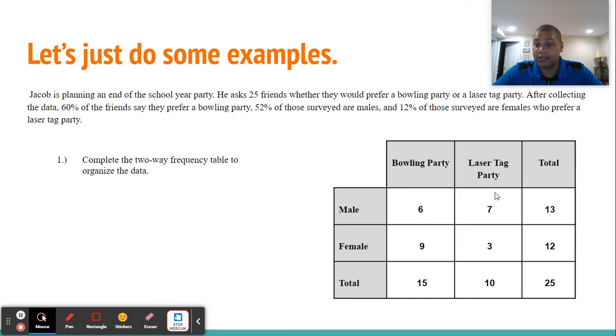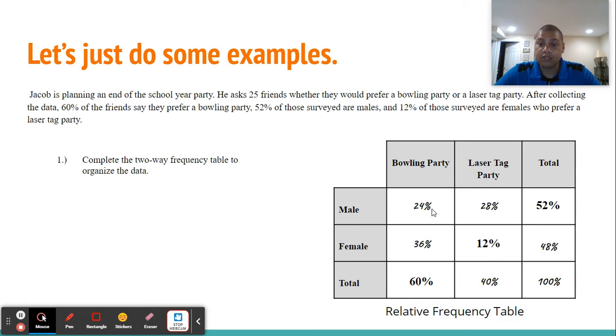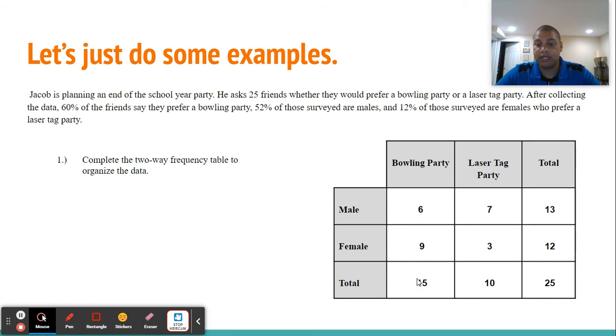And all these will work out as nice whole numbers. That's done by design. There's no tricks there. I didn't round or anything. It all works out. So you take all these percentages, multiply them by the total number of people that are involved in the information, and that gives you what you need to fill in the rest of the table as the final answer. And this is what it's looking for. This is the two-way frequency chart.